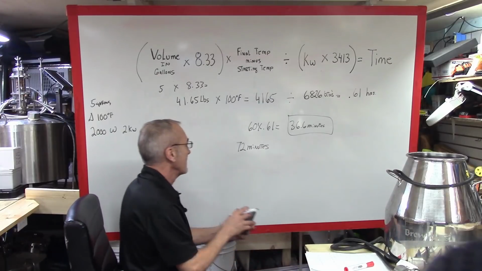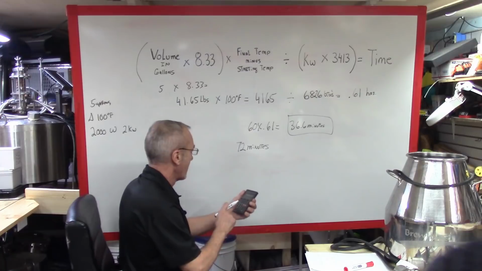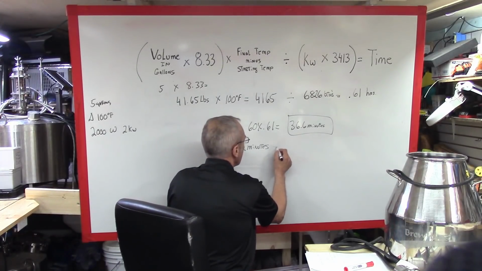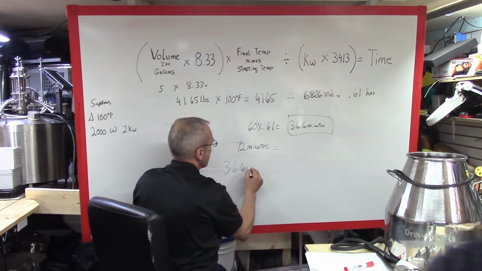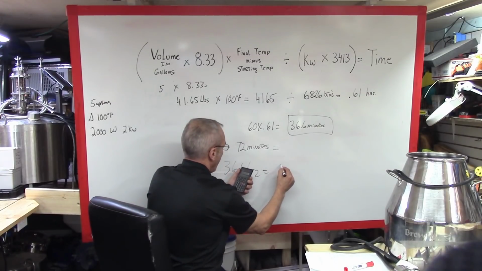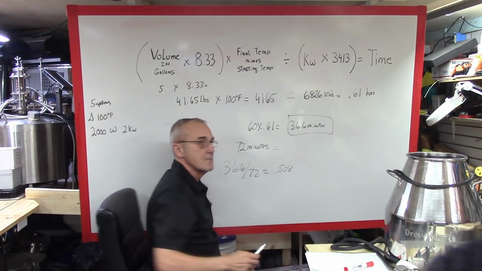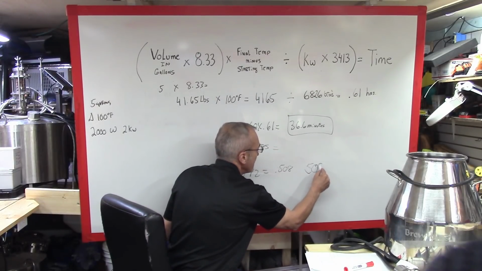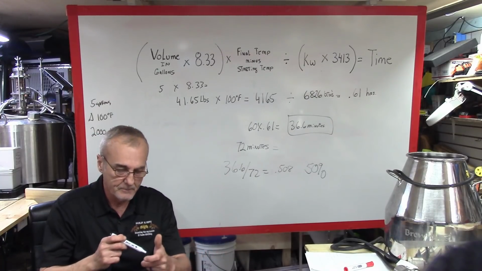So we take 36.6 minutes divided by 72 minutes. I'll rewrite this: 36.6 divided by 72 equals 0.508, which gives me an efficiency rating of about 50% for a 2,000 watt element.